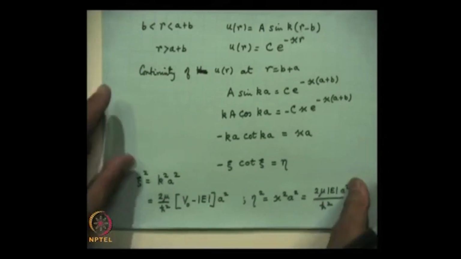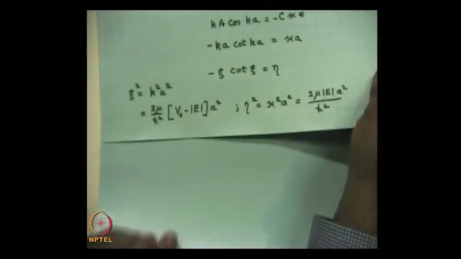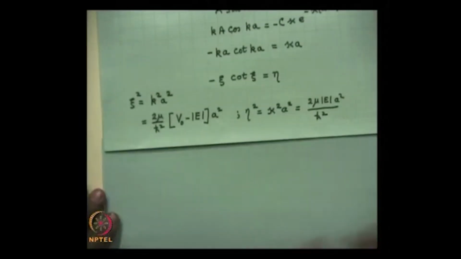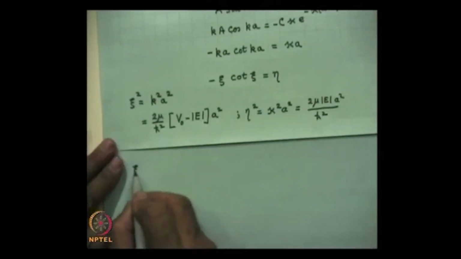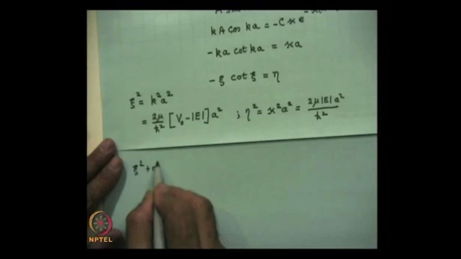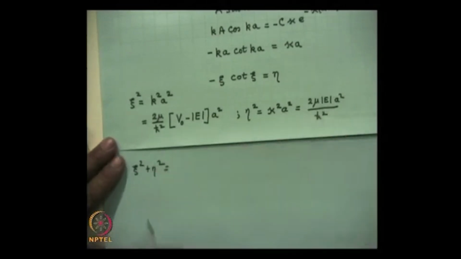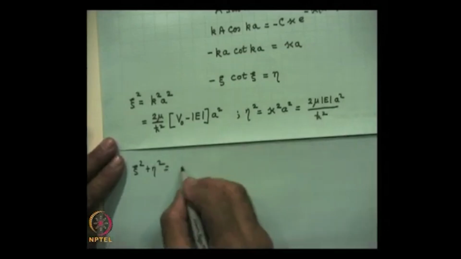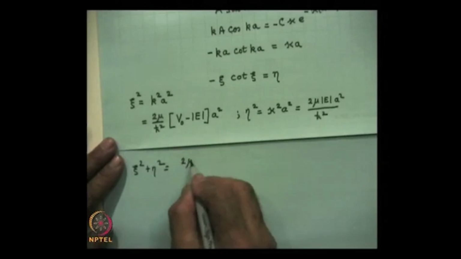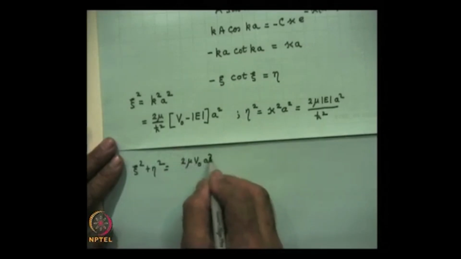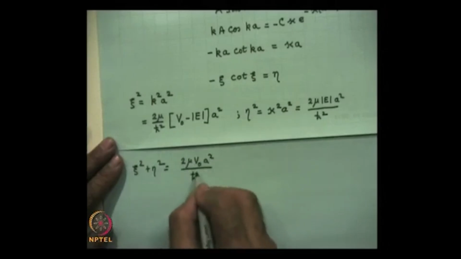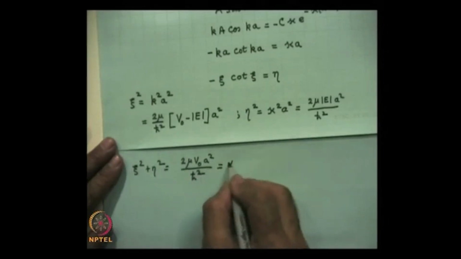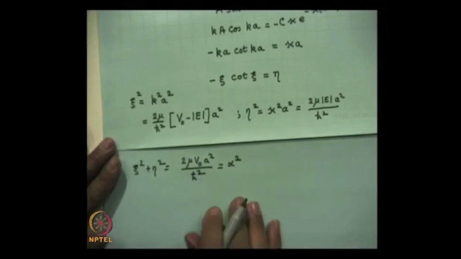If I add these two equations, xi square plus eta square, you can see the mod E term cancels out. So, you get 2 mu V0 a square by h cross square. This I put equal to alpha square.